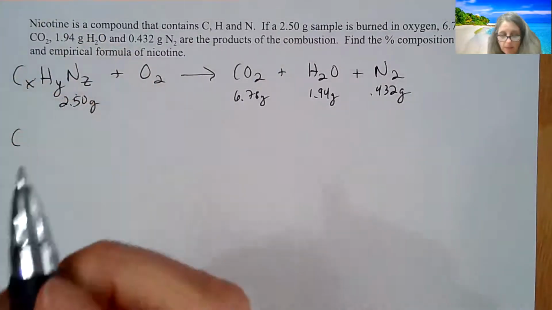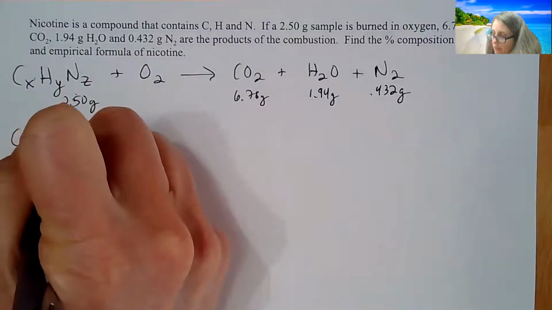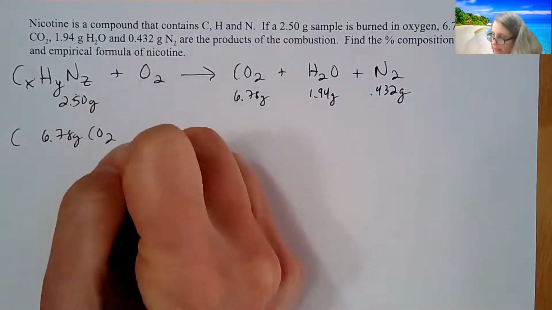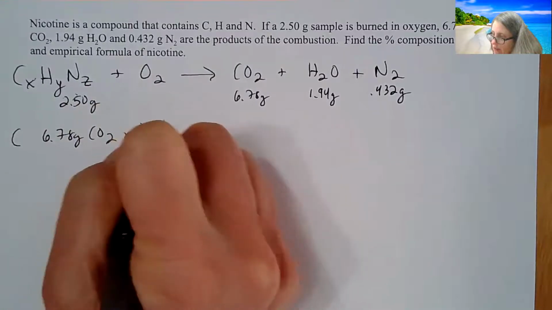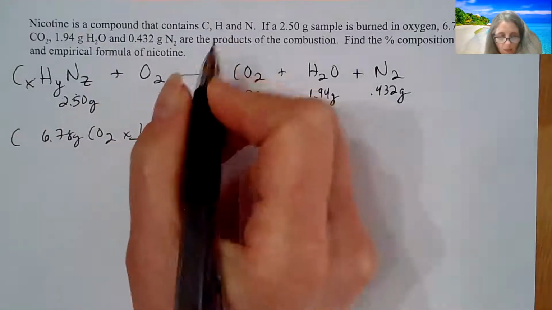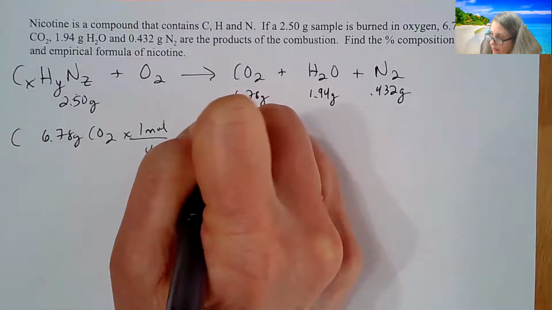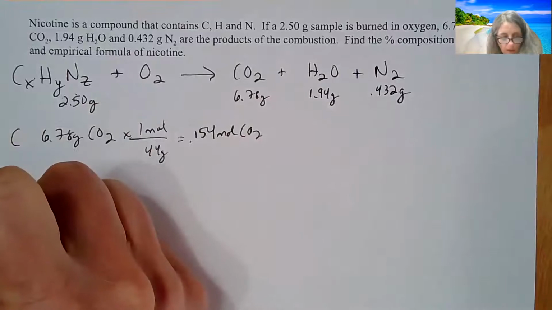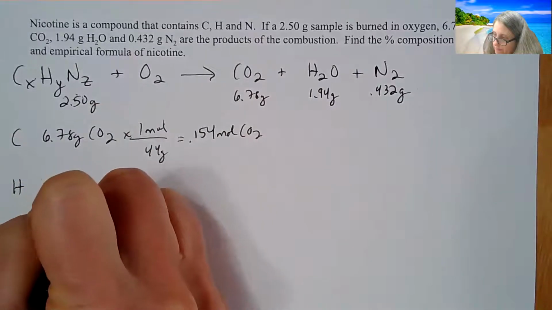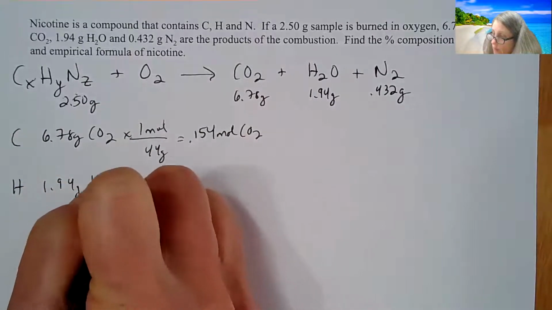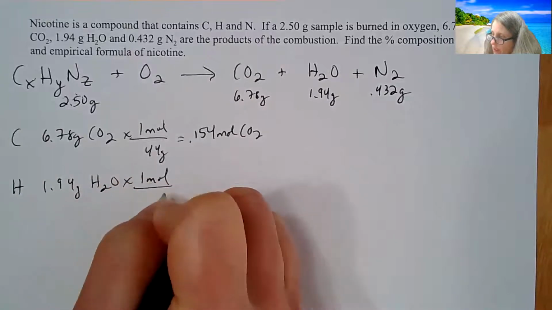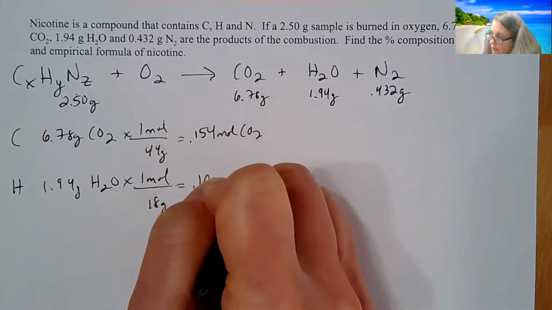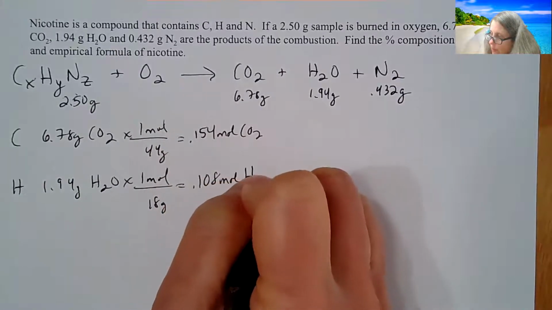So I'm going to look at carbon. I have 6.78 grams of my CO2. I can divide that by its molar mass of CO2, which is 44 grams per mole, and I get 0.154 moles, but this is of CO2. If I do the same thing for the water, that is 18 grams per mole, I get 0.108 moles of water.